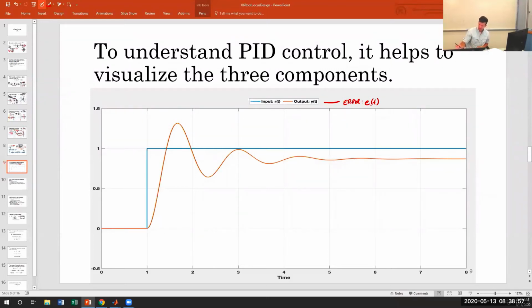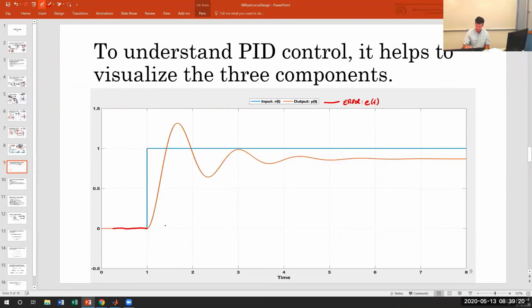So the key is to remember that the error signal is what you want minus what you have. So it's blue minus orange in this case. Before the step fires, the error is 0. And then as soon as blue jumps, the error will also jump. So here R minus Y is 1.